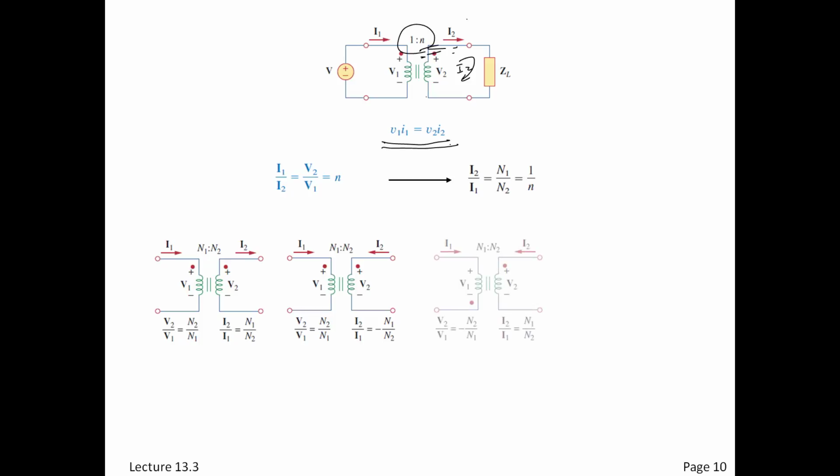Okay? Four possibilities exist, just like they did before, all based on the dot conventions. So here we are with the first. I'll just put them out because you can look at them in a straightforward way. When the dots are in probably the most popular, desirable location, they're on the top, and the currents are specified flowing in and flowing out.